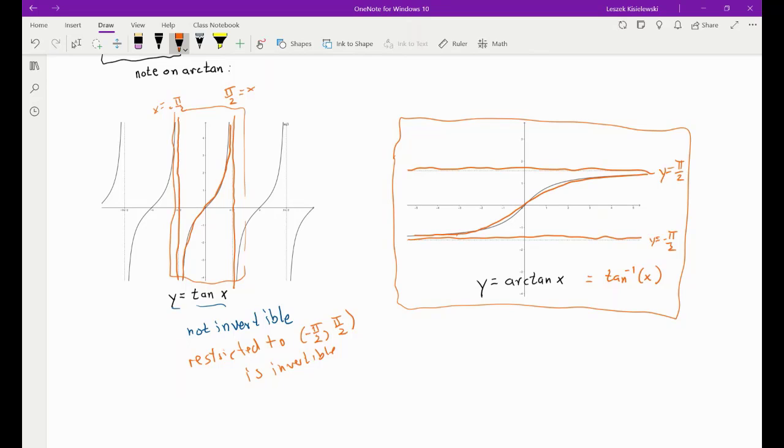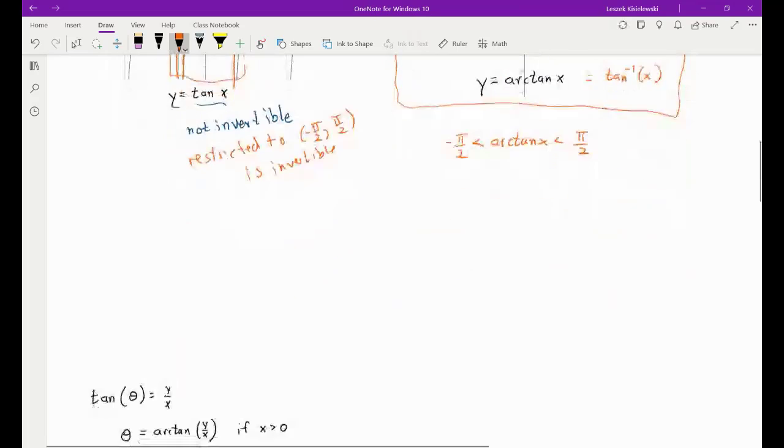So here what we want to recall is that arctangent of a number always returns a number between negative pi over 2 and pi over 2.